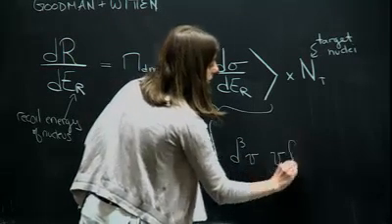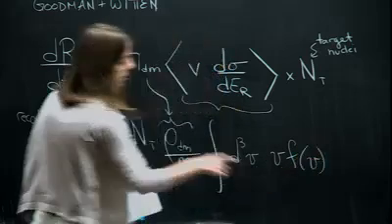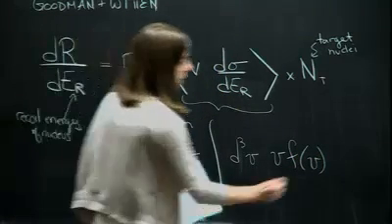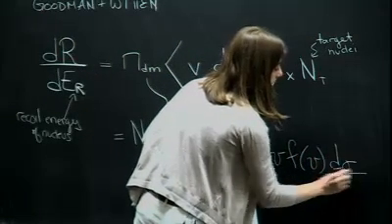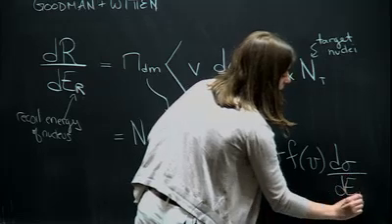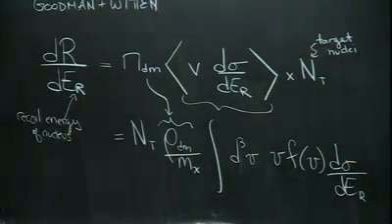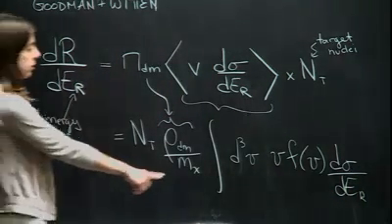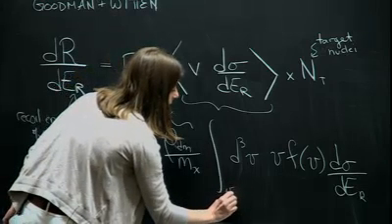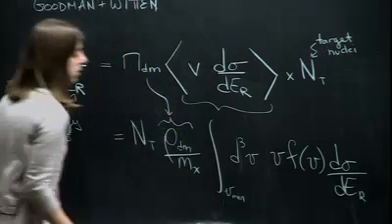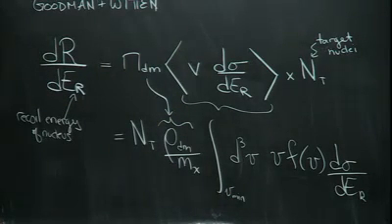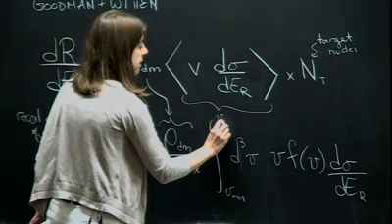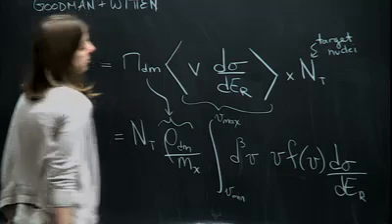So I have to put in my velocity distribution for the dark matter, and then I have my cross-section there. So this integral is going to go from some minimum value that the dark matter needs to cause the nucleus to scatter, and then some maximum value.